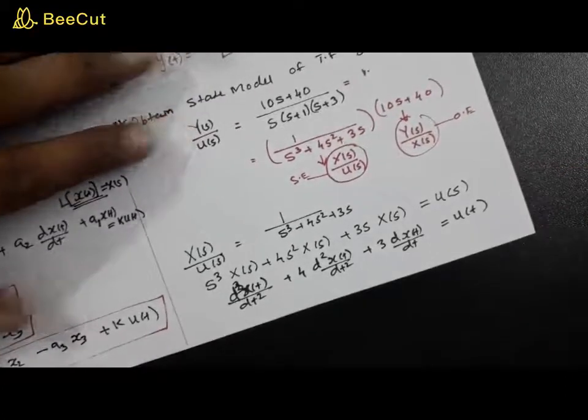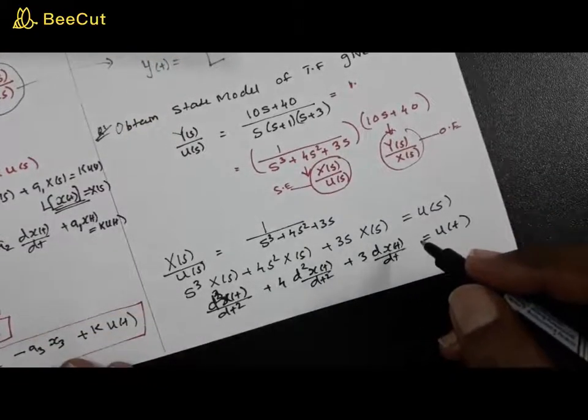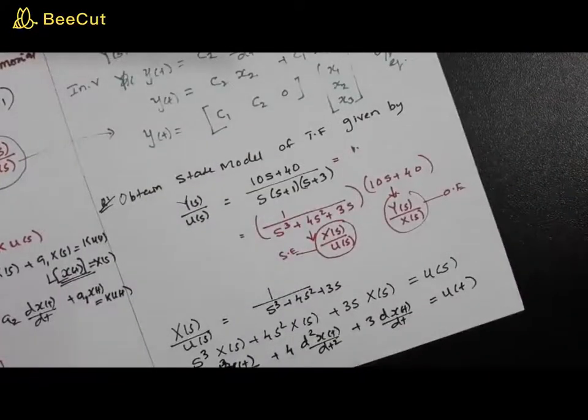Now you need to assume this x(t) to be one of the state variables. How many state variables will it have? It will have 3 state variables.